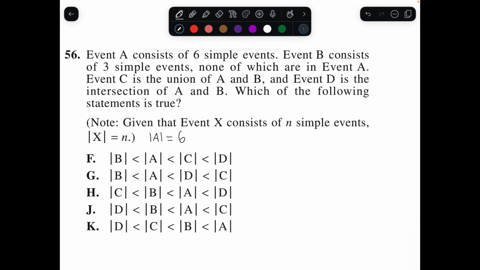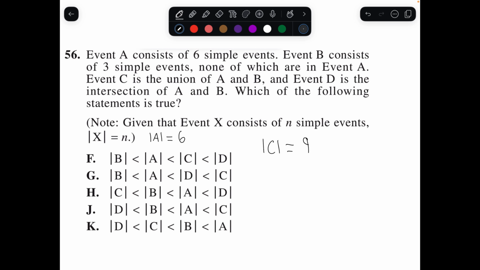So let's start with event C first and figure out how many simple events it has. It says event C is the union of A and B. Union just means you take the events from event A, you take the events from event B, and you just put them all together, which means 6 plus 3 is 9. So event C is going to have 9 simple events.